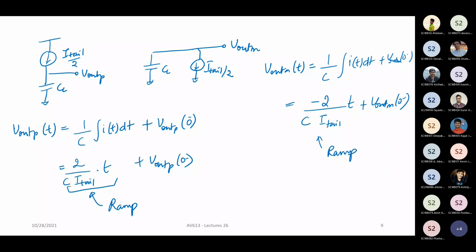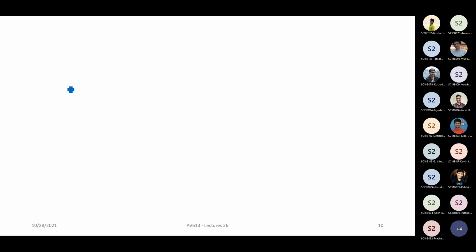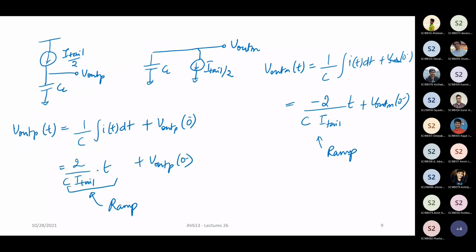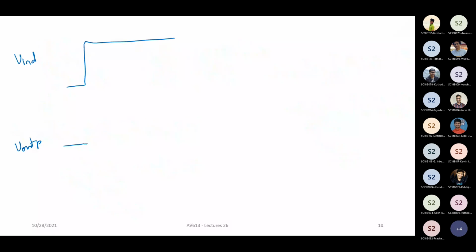Let's say you are giving a large step in Vin differential. Vout P is going to start ramping up from whatever the value was earlier, and the slope of this ramp is I tail by 2C.